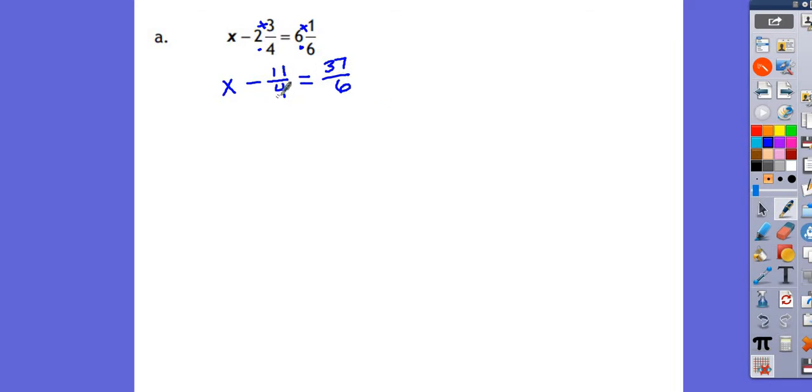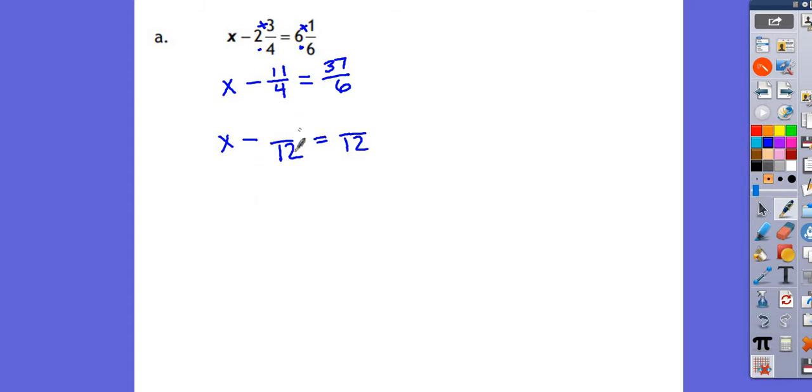So I need to know a common denominator between 4 and 6. So I like to take my smallest one and count by multiples. Multiples of 4 is 4, 8, 12. I know 6 can make a 12, so I think my common denominator is going to be 12 here. So I'm going to rewrite my problem again.